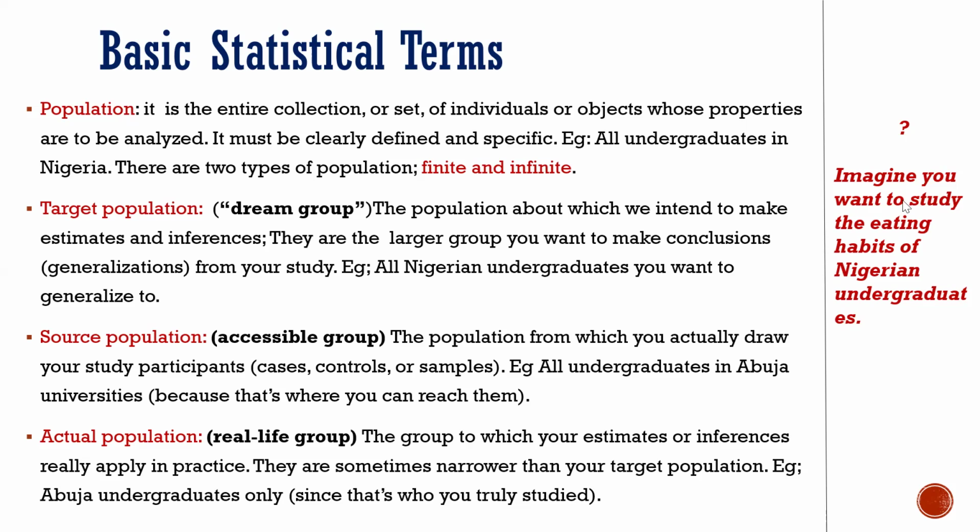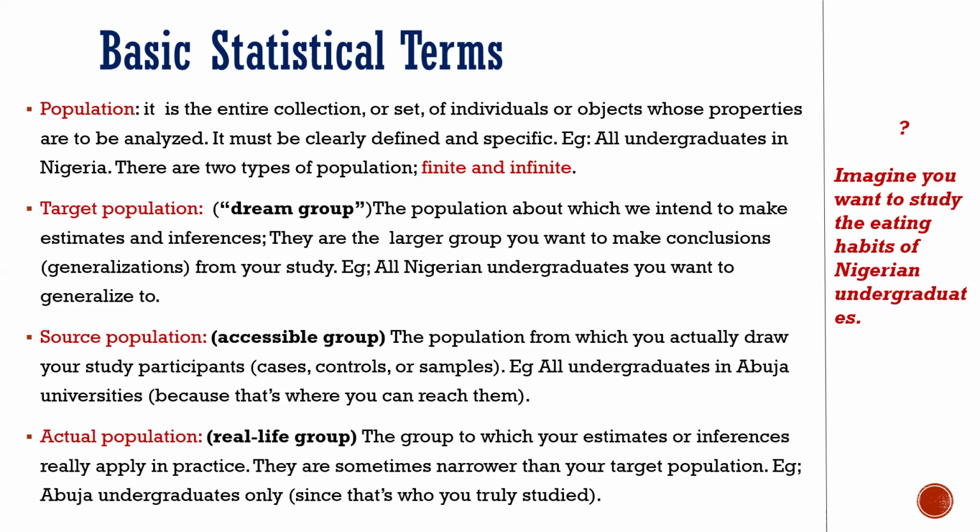For example, as a student, you want to carry out this research on the eating habits of Nigerian undergraduates. Normally, you can't assess all Nigerian undergraduates because it would be a very robust study, which is not really advisable. In public health, statistics and research, we randomly select our samples.